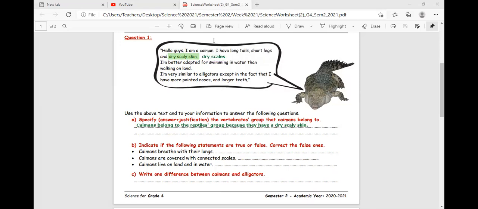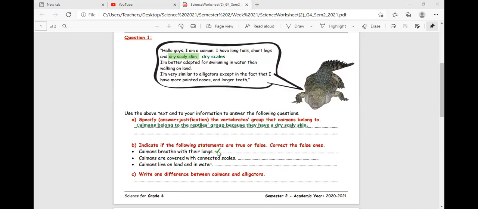Yalla, you can all unmute yourself right now. Tell me true or false. You cannot say anything but true or false. Caimans breathe with their lungs. True. Good job.